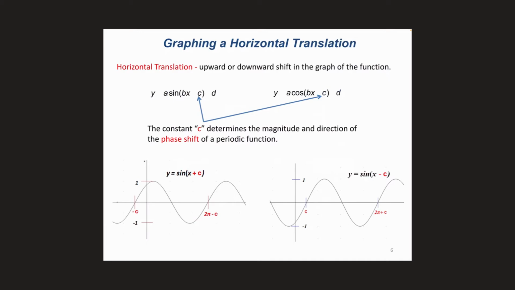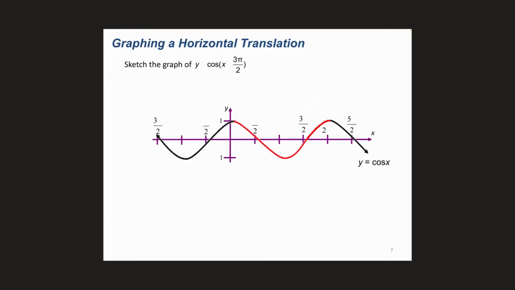The C, we have a plus C and we have a minus C. So the plus C is going to shift it to the left, and minus C is going to shift it to the right. So we have here y equals cosine of x minus 3 pi over 2.